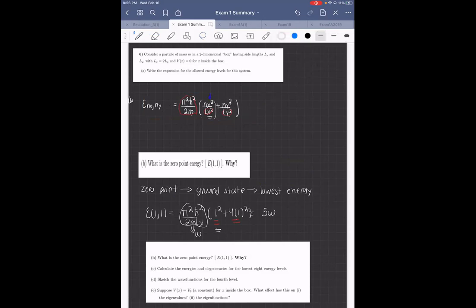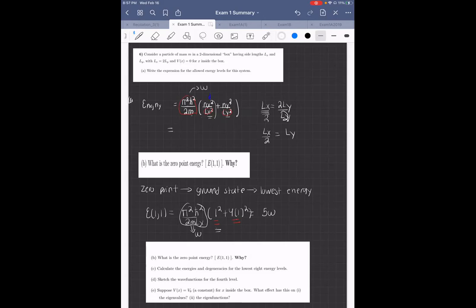And they said that Lx is equal to 2Ly. To make sure I don't have any fractions, I'm going to make everything in terms of Lx, so Ly is Lx divided by 2. I'm going to call this term W, so I don't have to write it again.